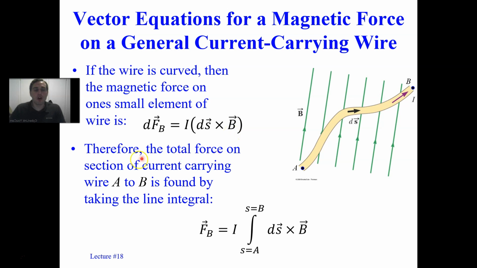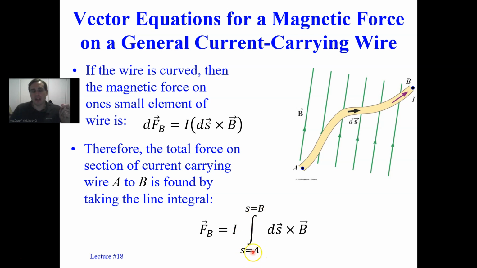Therefore, if you want the total force on a section of current carrying wire, not some infinitesimal piece, but some finite piece, you need to integrate this from some initial to final, some A to B, arc length position. So the idea is that s equals A, s equals B.